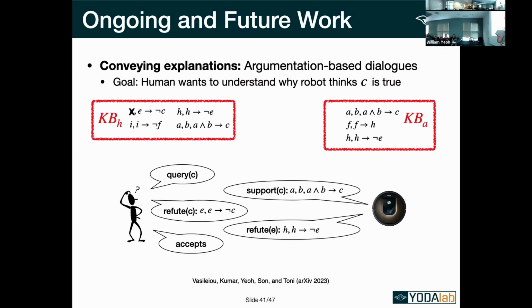So the argumentation work can detect the human fallacy if what the human says is conflicting. Right? You can say, maybe here you say E is true and E implies not C, and later on you say E is not true, right? It could detect that. But how the human uses his knowledge base to do the planning, it doesn't do that.